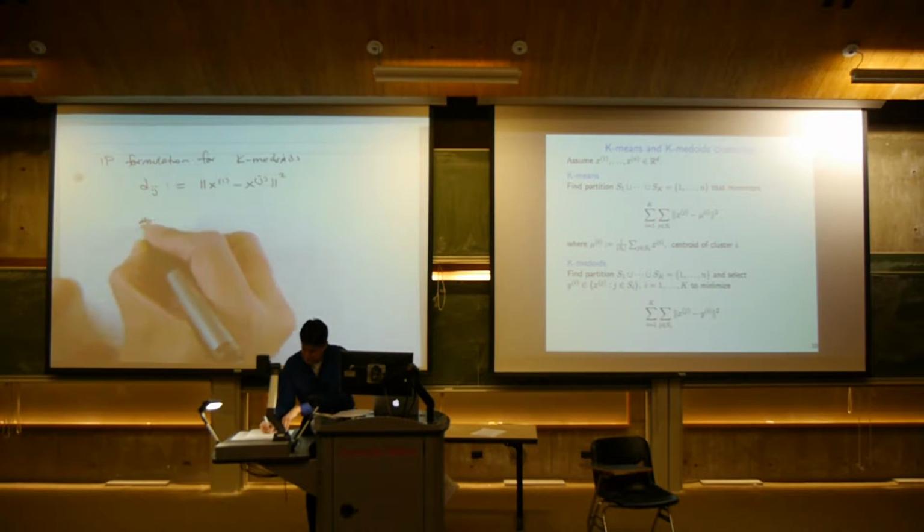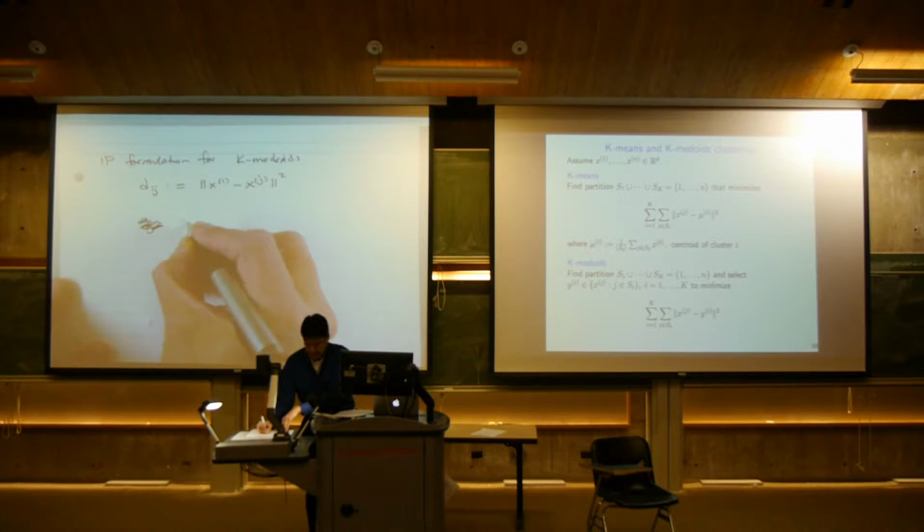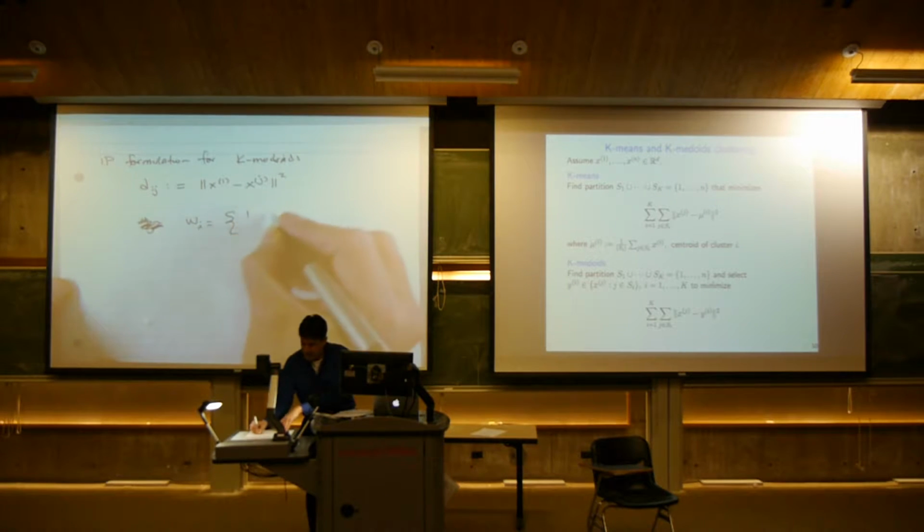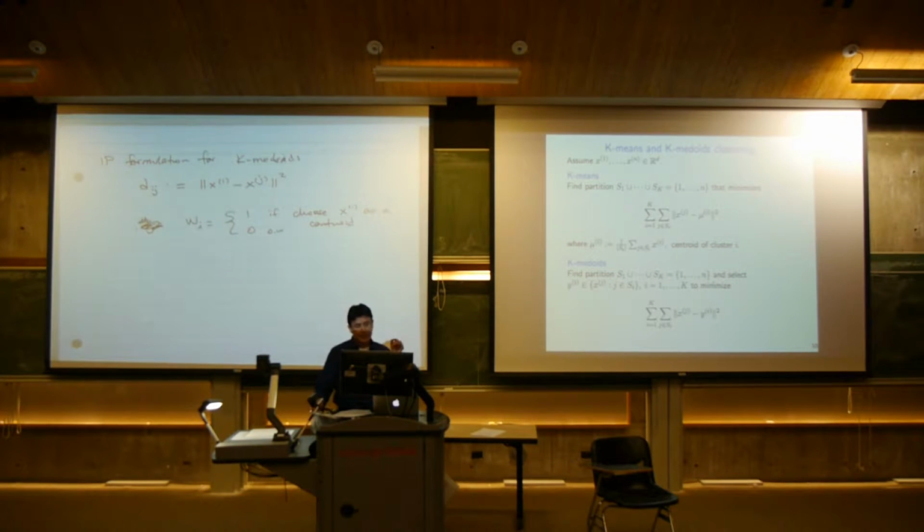Let me use wj. So wi, this is going to be 1 if we choose xi as a centroid, and 0 otherwise. Okay, so that's going to be my wi.